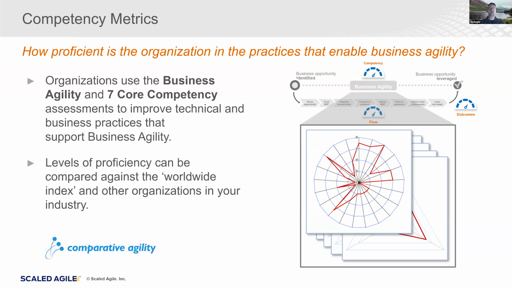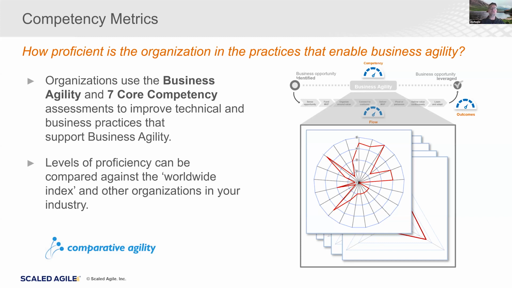Within SAFe, we have what we call our Business Agility competency measure, followed up by our seven core competencies. Within the framework, we have it broken down into seven core competencies that we've found an organization really must master in order to achieve that overall business agility.